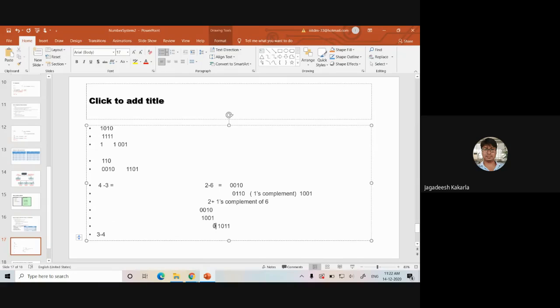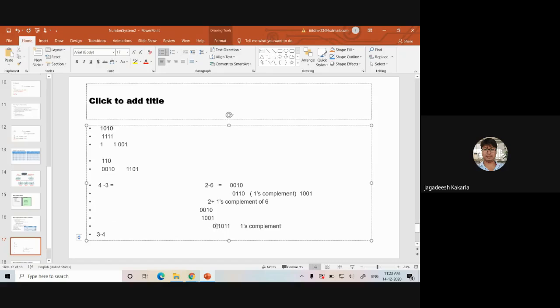Okay. The end carry is 0 and the sum is 1011. If the end carry is 1, then we would have added this 1 to the LSB. But if the end carry is 0, then compute the 1's complement of this one.